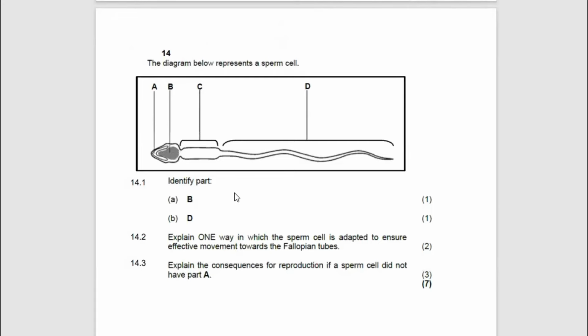And then here we have the structure of the sperm. See, now we have tried to answer questions concerning the sperm. So there is no way they can bring a question you have never seen about these structures of the sperm and the ovum. We're going to go to even the graph.